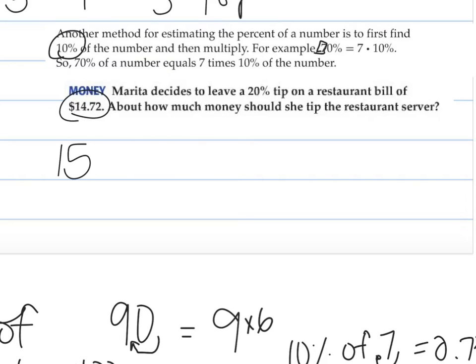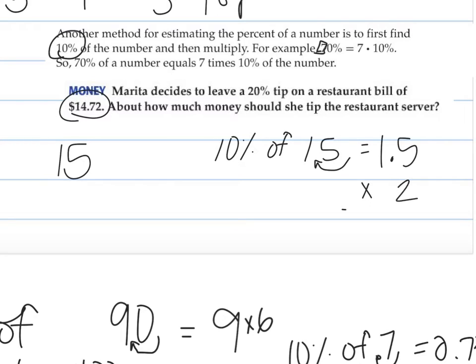And to find 10% of 15, I would move one spot over, which would be 1.5. And then to figure out 20%, since we want twice that amount, right? We found just 10%, we want to get up to 20, so we're going to multiply that by 2. 1.5 times 2 is 3, so you would leave about $3 to your waitress.